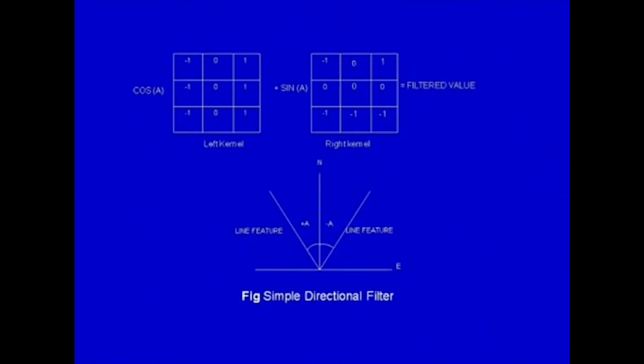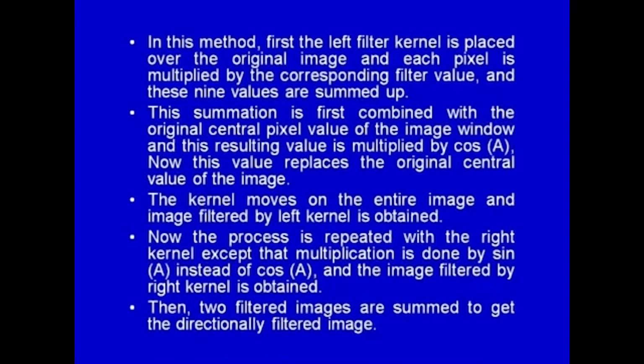This slide, as a matter of fact, shows a schematic representation of a simple directional filter. In this method, first the left filter kernel is placed over the original image, and each pixel is multiplied by the corresponding filter value, and these 9 values are summed up.